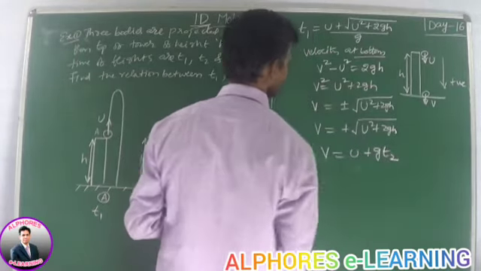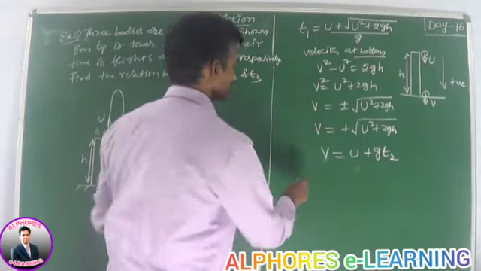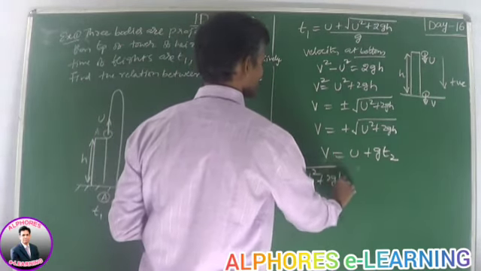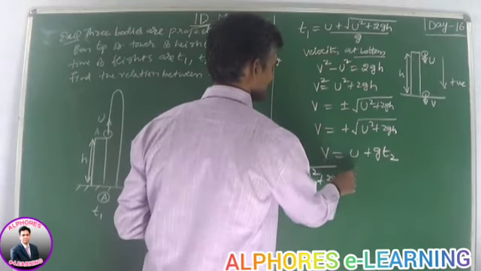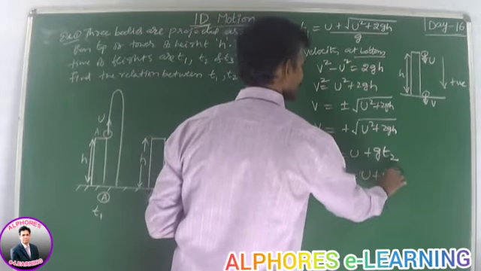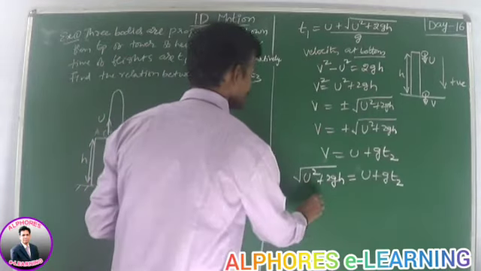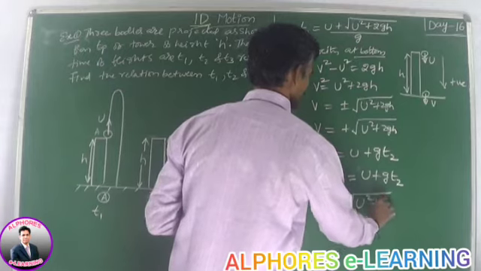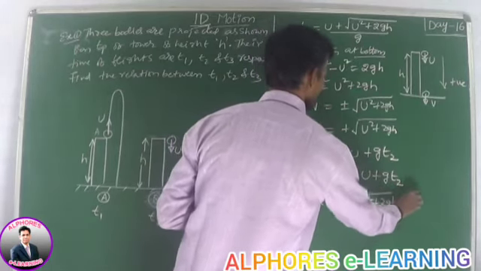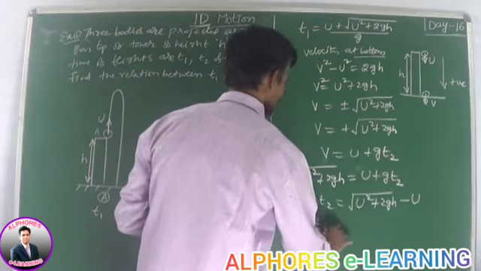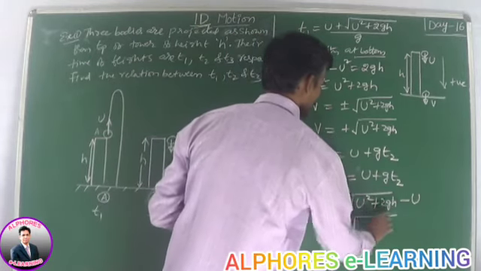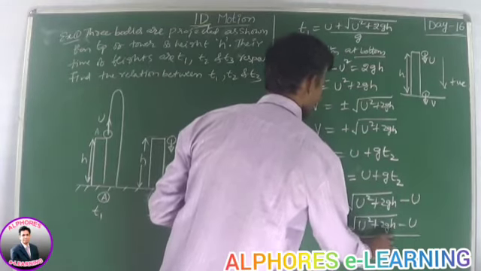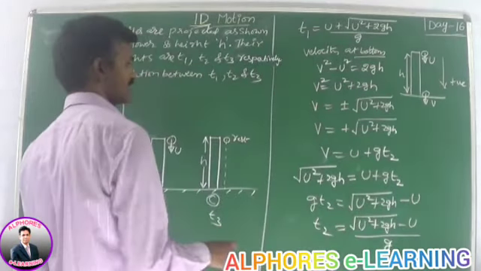On substituting this velocity, under root u square plus 2gh is equal to u plus gt2. So gt2 can be written as under root u square plus 2gh minus u. This time t2 can be written as under root u square plus 2gh minus u, whole by g. This is the time t2.